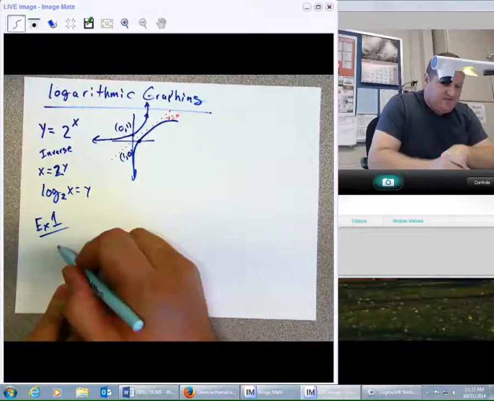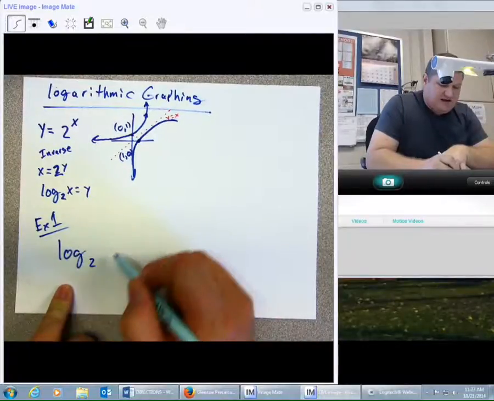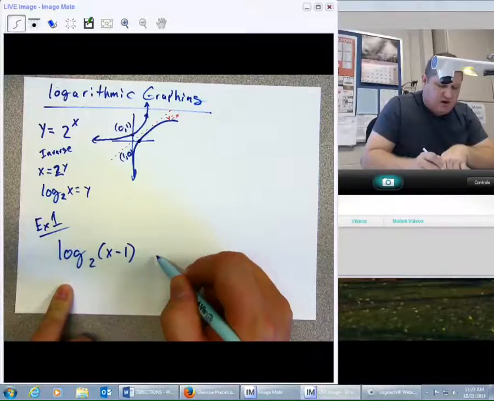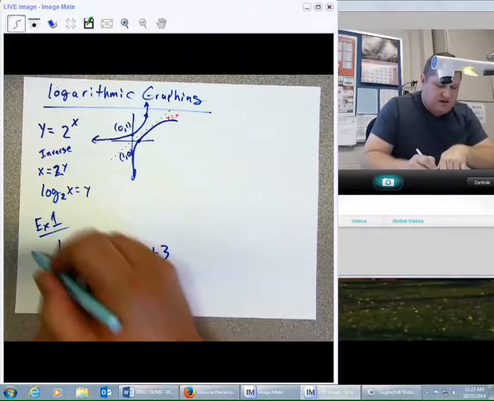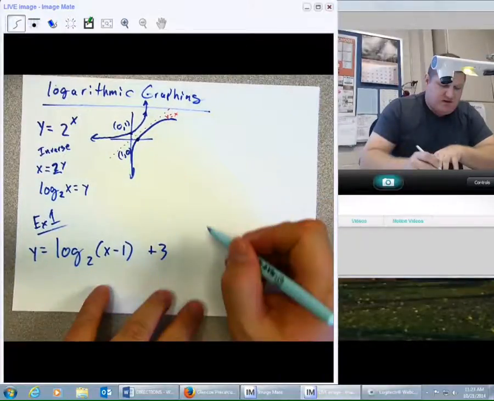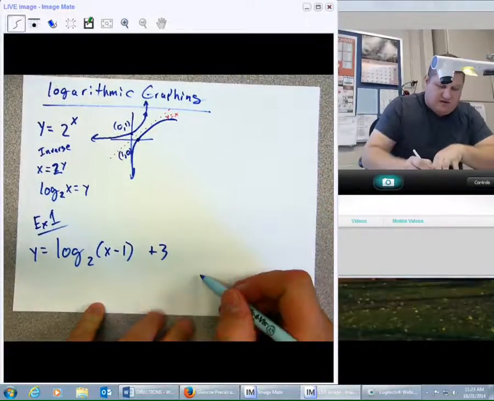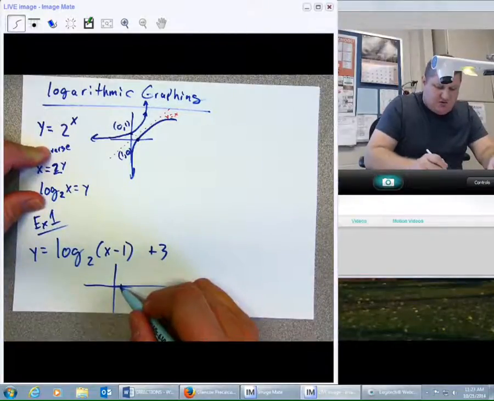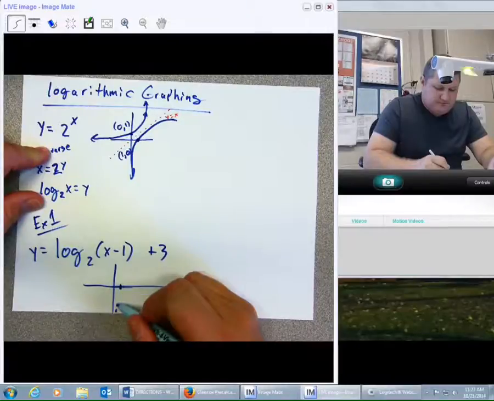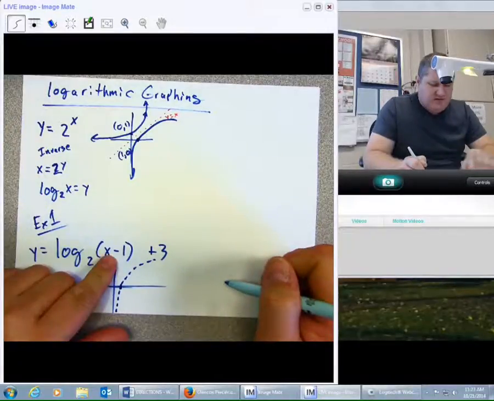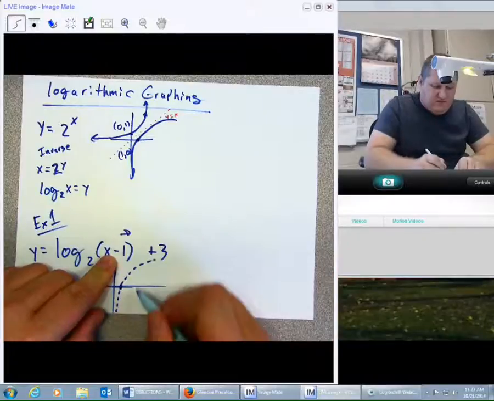If I have log base 2 of (x minus 1) plus 3, well, in the same way that we were able to shift the other graphs, we can shift this graph. So if the standard log graph goes through (1, 0) and arcs up, this says minus 1 means over 1.